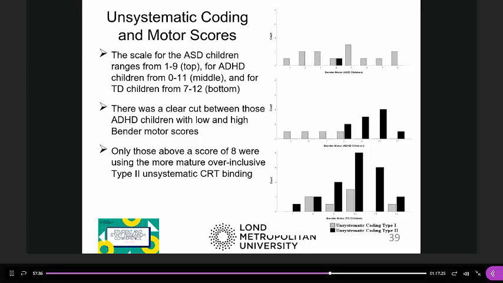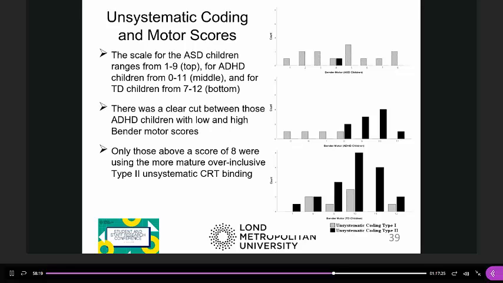Then if you look at the children with ADHD, you can see that there's some sort of cutoff point or threshold where they start drawing unsystematic, but the mature common region strategy with more over-inclusive patterns and no object place binding. So there's a cutoff point with a score of 8. So over 8, they show type 2, and under 8, they show type 1. Then if you look at the typically developing children, this percentage of 1/3, you can see that the values are normally distributed.